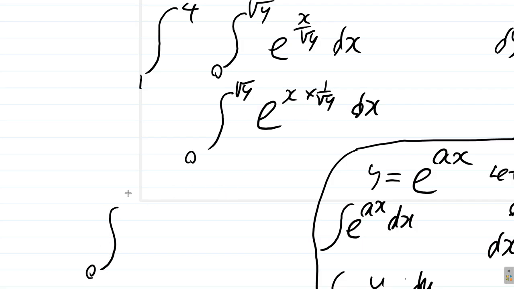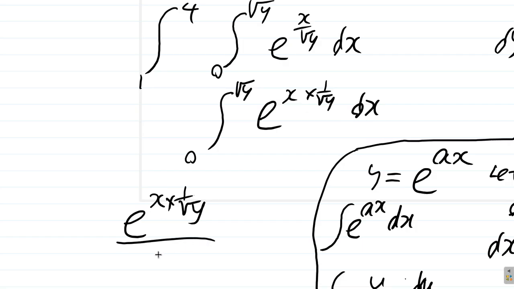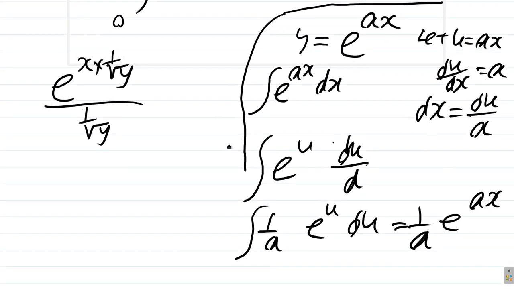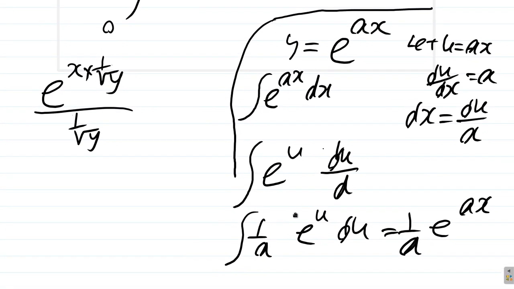It's going to be e to the x times 1 over square root of y, divided by the constant there, 1 over square root of y. Just like how the integral of e to the ax is 1 over a, e to the ax, the same thing as e to the ax over a, right? Same thing happens here. Alright.